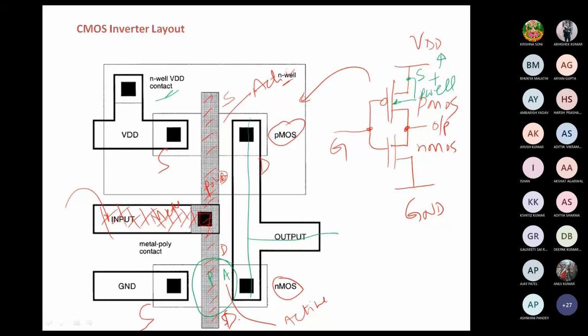Similarly, for the NMOS, this source and substrate are connected to ground. This is to avoid a short channel effect, called the body bias effect. So to avoid this body bias effect, we do this. This is also discussed.